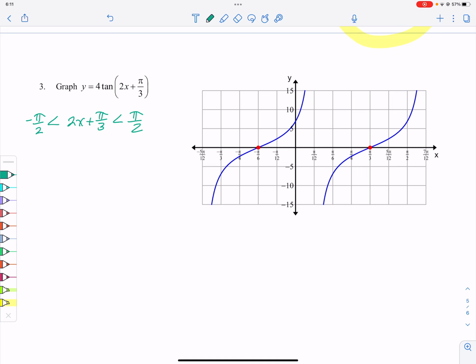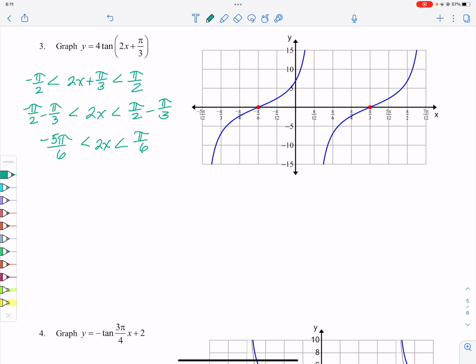Okay, so now let's subtract pi over 3 from every part of this 3-part inequality. And we come up with negative 5 pi over 6 and pi over 6. And then dividing each part by 2.